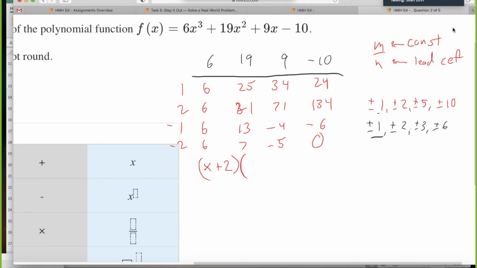And then what do we got left? We got a 6x squared plus a 7x minus 5. Let's see here. Am I going to be able to factor that?